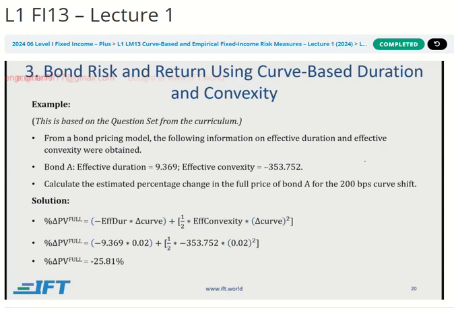Right, so hopefully you were able to calculate your percentage change in price, right? You have to plug in your effective duration and your effective convexity, and then for a change of 200 basis points, which is 2%, you can calculate the change in price.